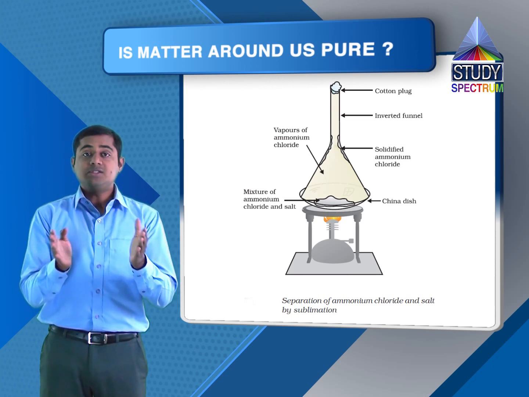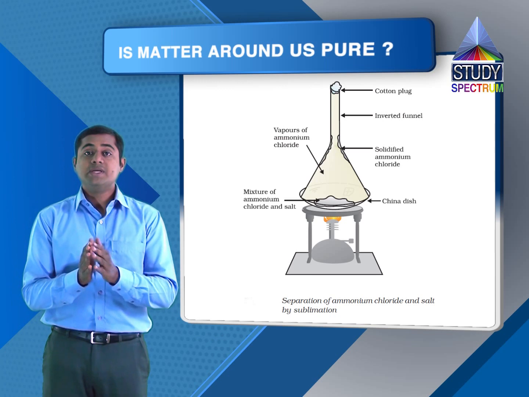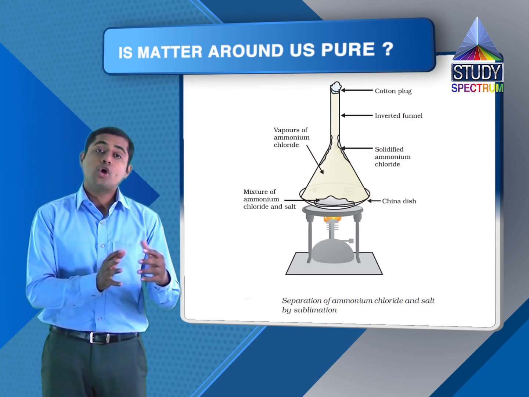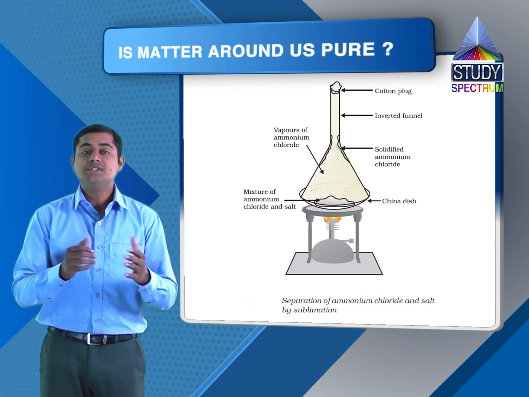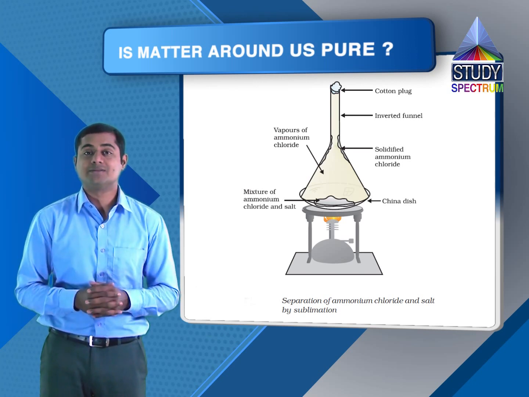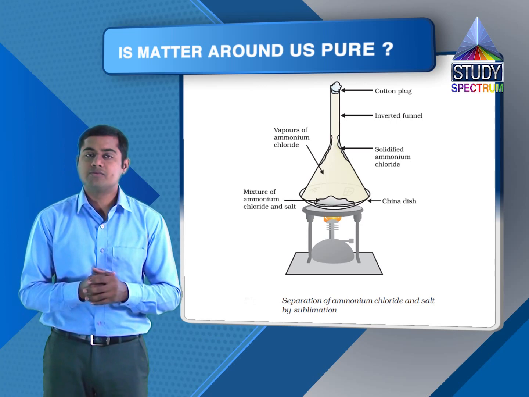When there is a mixture of two things in which one is sublimable and another is non-sublimable, for separation of such constituents we utilize the process of sublimation. What do we mean by sublimation? What is the sublimation phenomenon?